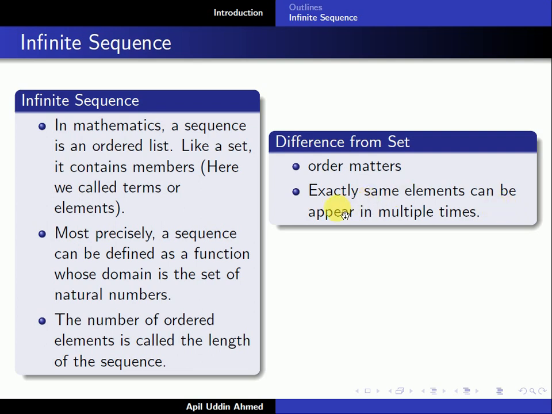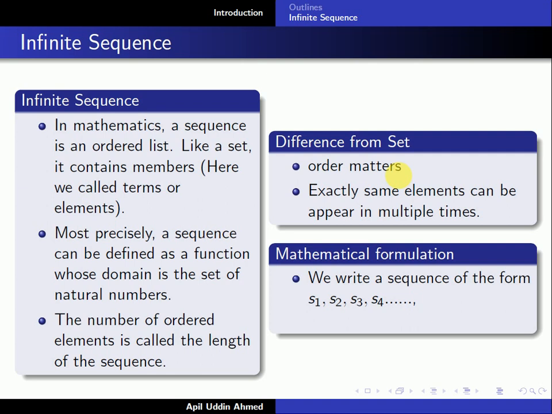That means in a sequence repetition is allowed, and also in a set the order does not matter, that means the position of the elements does not matter, but in a sequence the order or position of the members matters here.